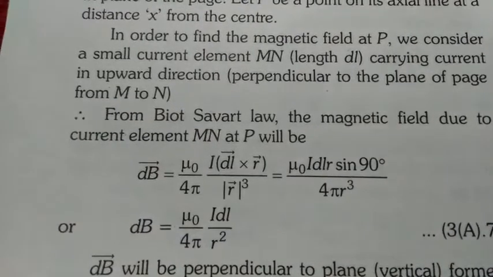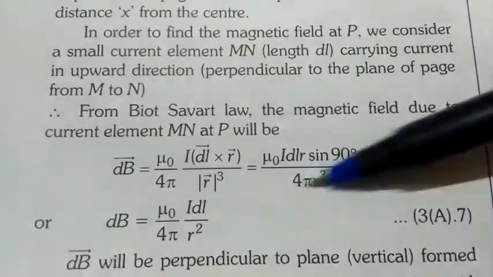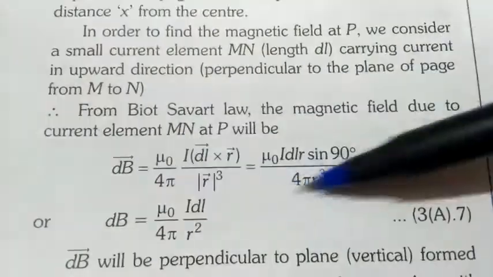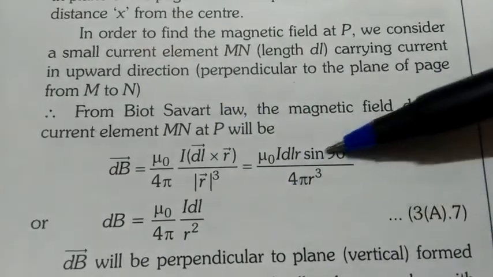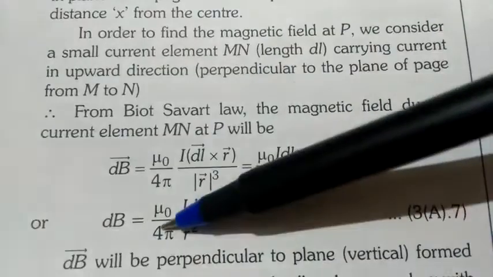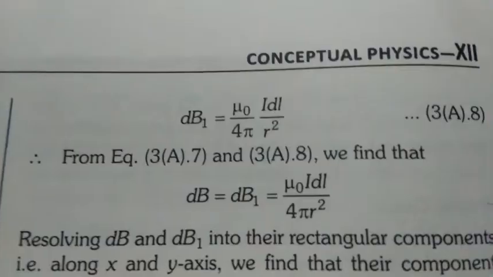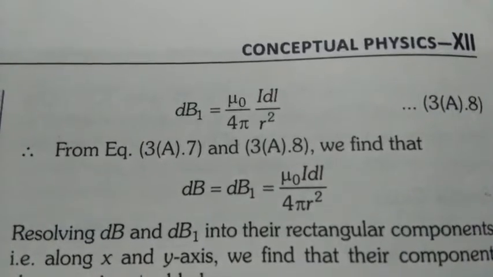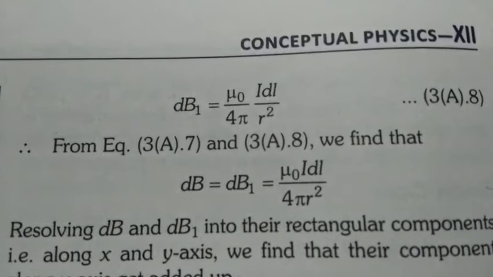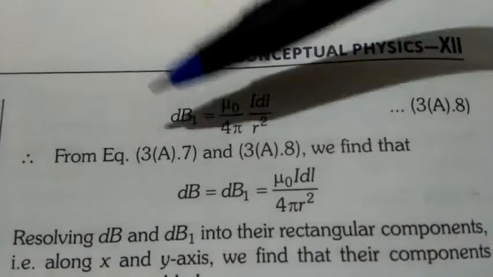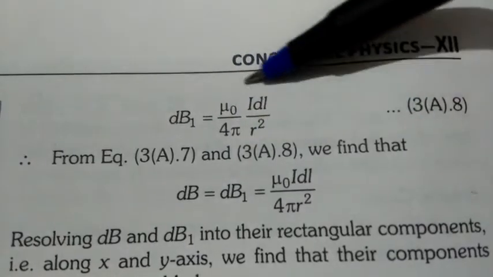According to Biot-Savart law, due to the current element MN, that first element, this is the magnetic field at point P, and when we put the value of sin 90, it will become mu naught upon 4 pi I dl upon r square. And when we calculate the magnetic field due to the current element M dash N dash, that we show here by dB1, that also will be the same as dB.